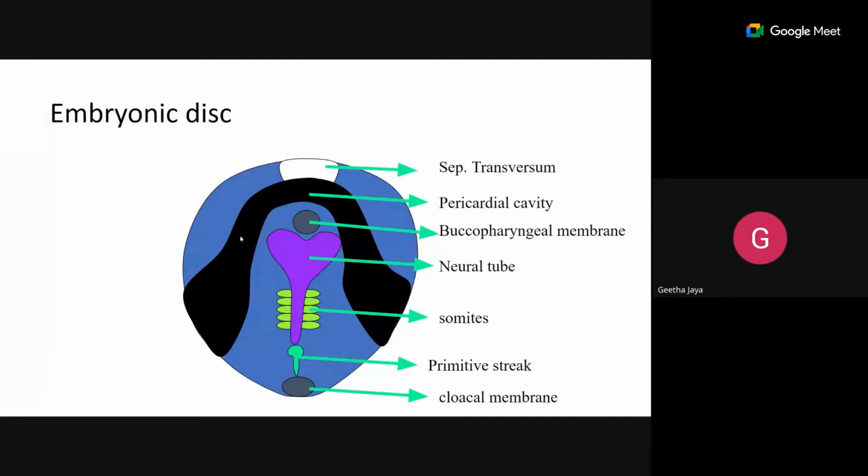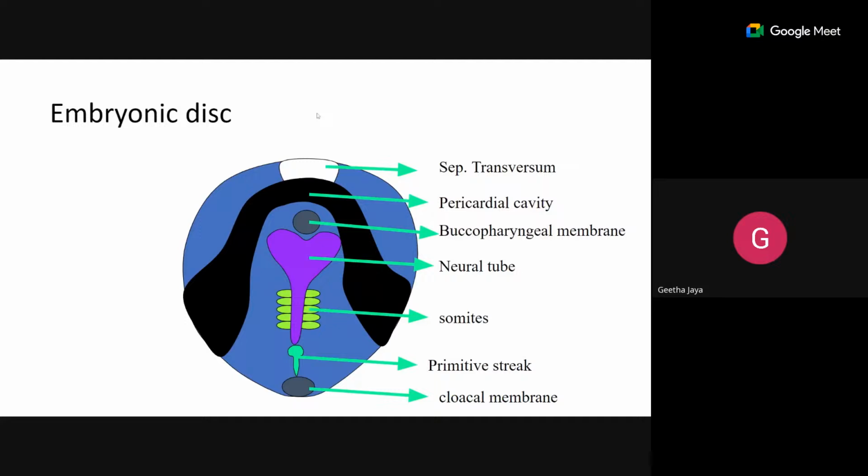Below that you have endoderm, and in relation to the endoderm there is a little bit of mesoderm, that is the splanchnopleuric mesoderm. But in this area there is no division of intraembryonic mesoderm.